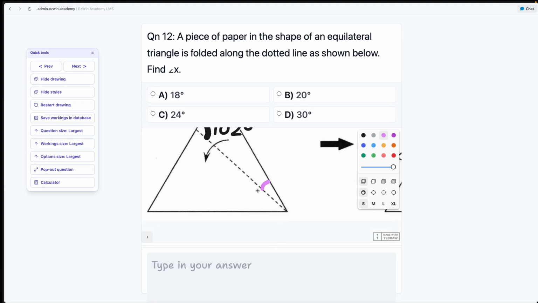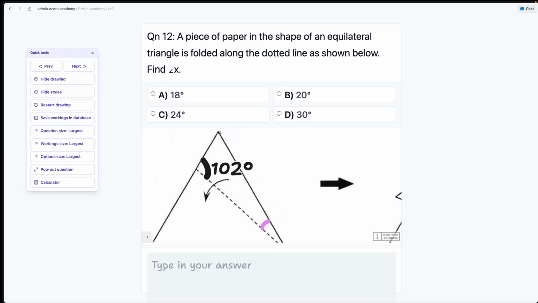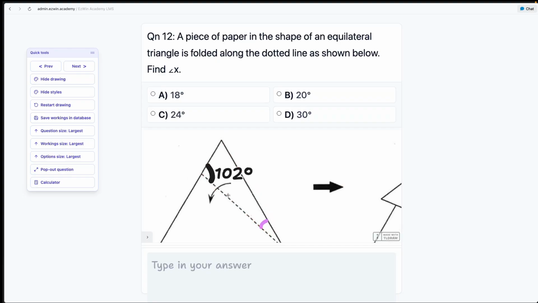And how do we get this purple angle? Since we know that this whole thing is a triangle, right? And we also know that this whole triangle is an equilateral triangle. So that means this is 60 degrees.